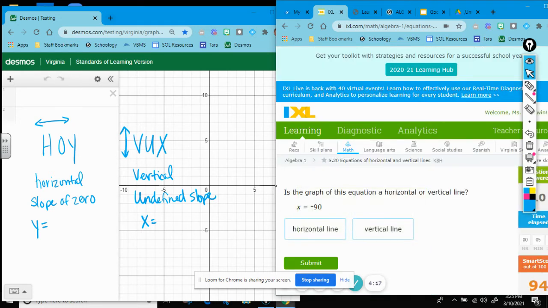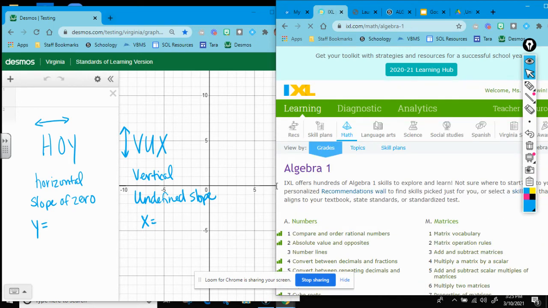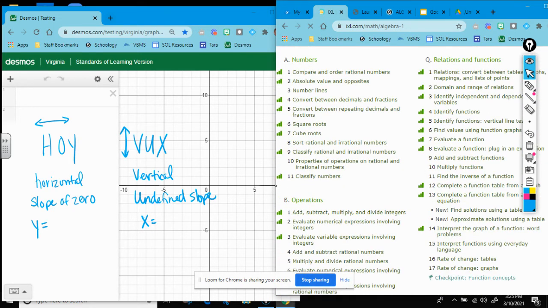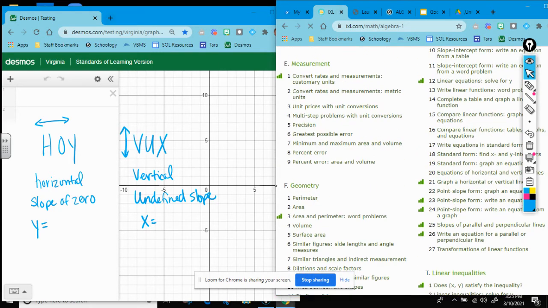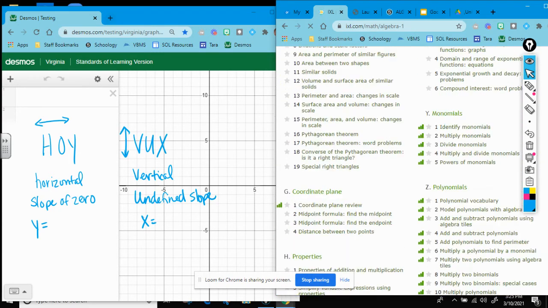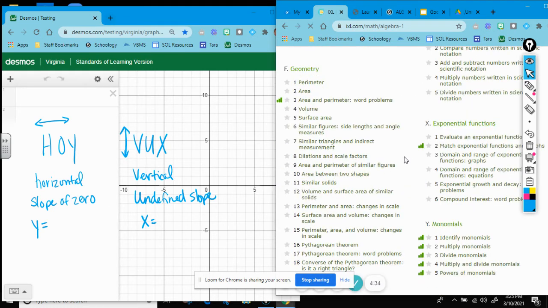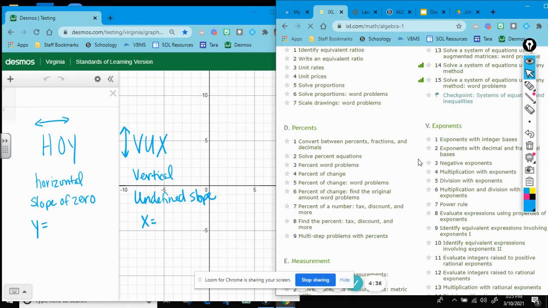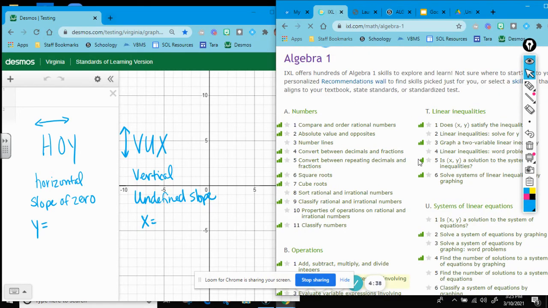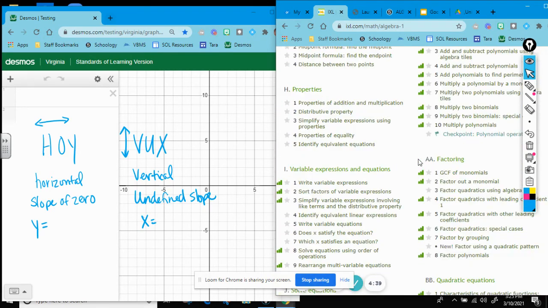Okay, now let's look at the other IXL that is required, because I think it is asking you to graph.